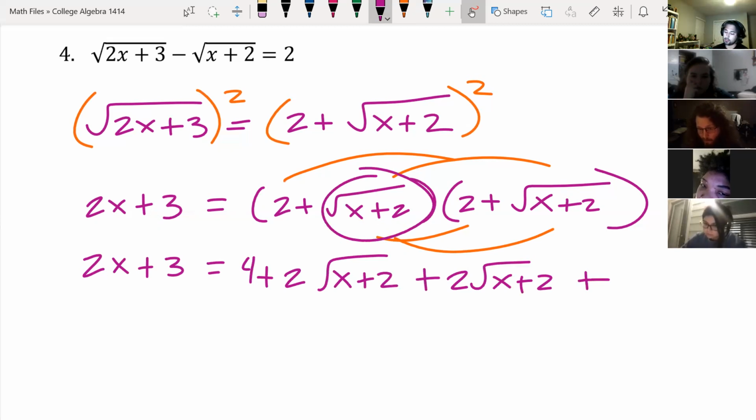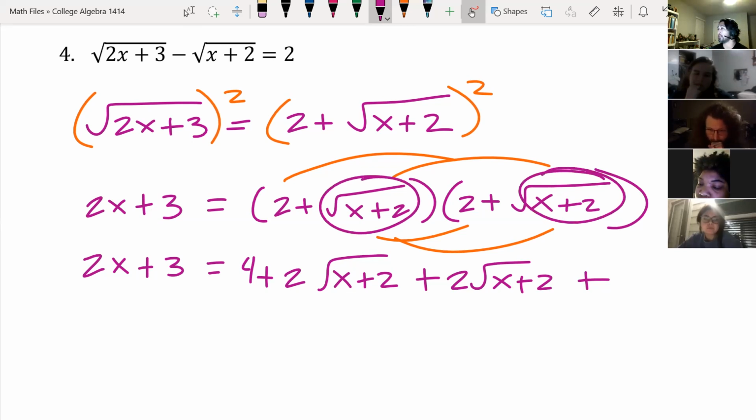What is the square root of x plus 2 times the square root of x plus 2? Oh, x plus 2.